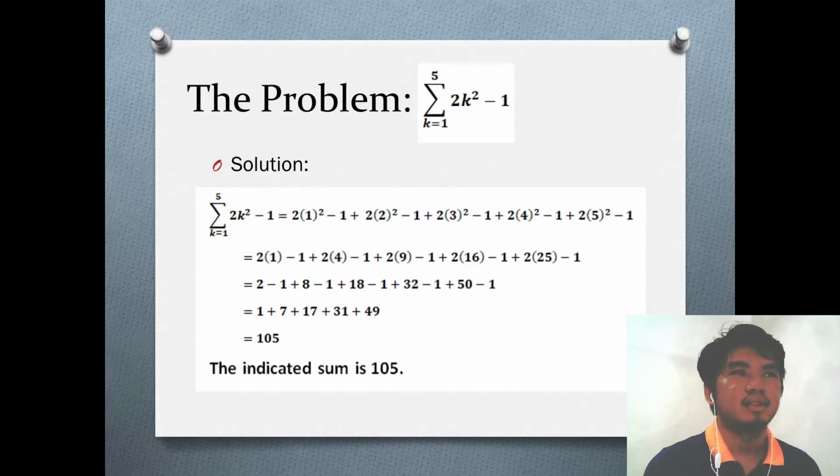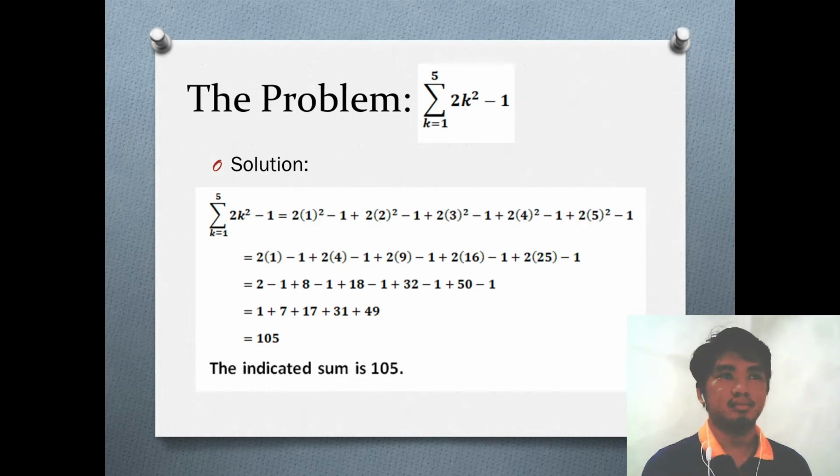So 2 times 1 to the power of 2 minus 1 plus 2 times 2 to the power of 2 minus 1 plus 2 times 3 to the power of 2 minus 1 plus 2 times 4 to the power of 2 minus 1 and plus 2 times 5 to the power of 2 minus 1.